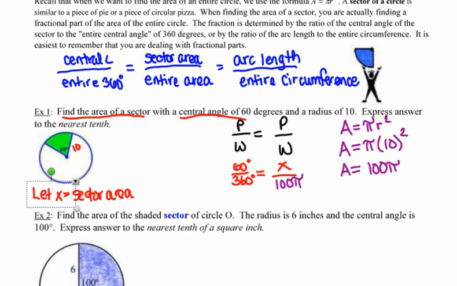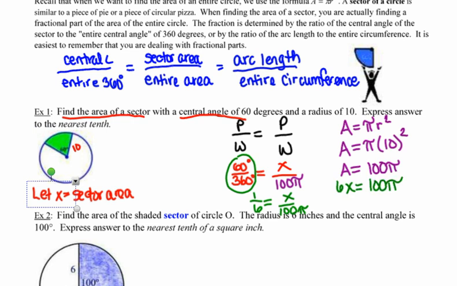At this point, I'm set where I can either go ahead and cross multiply, or I might find it easier to simplify that fraction first. So I'm going to reduce it down to 1 over 6 is equal to x over 100 pi. And then I can go ahead and cross multiply. 6x is equal to 100 pi.